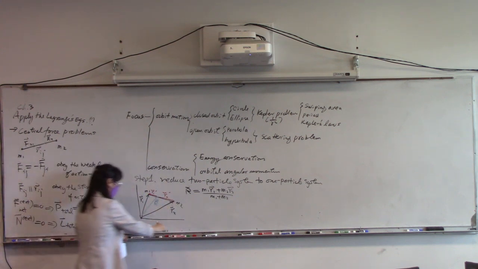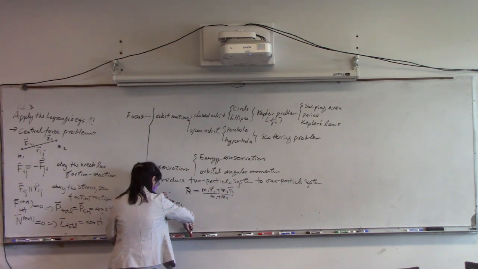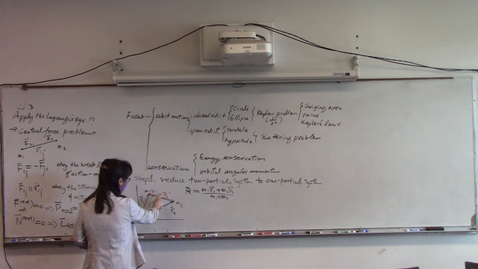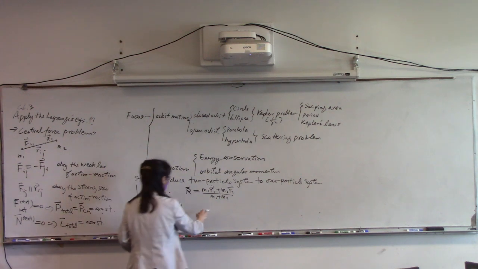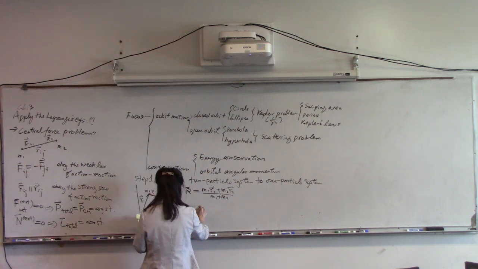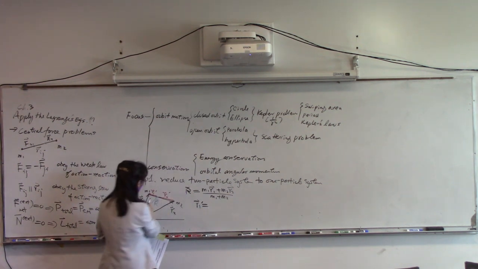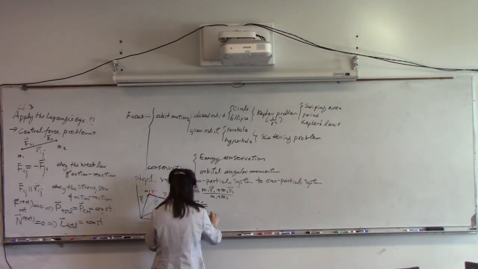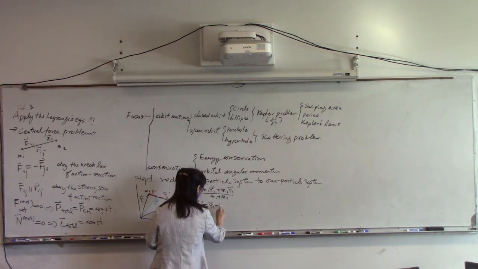Once we introduce this, we can find the relation between R1 prime, R1 and R, and R2 prime, R2 and R, right? Therefore R1 prime plus capital R equals R1, so R1 prime is R1 minus capital R, right?